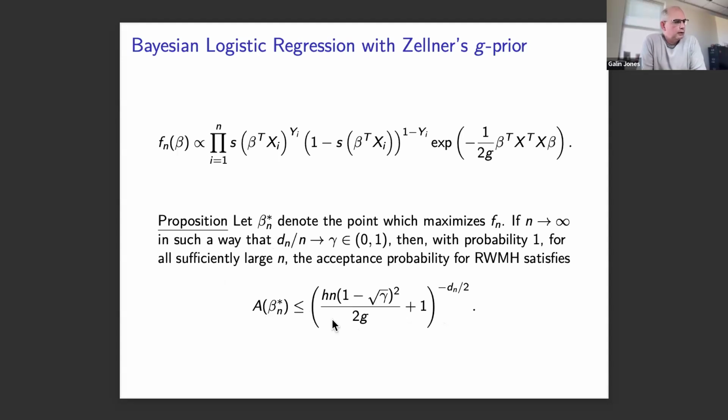Now, it's pretty clear there's a complicated relationship between n and d, and it also involves the prior parameter g that you picked as the hyperparameter. But if you choose h poorly again to be large, not to depend upon n and d, this acceptance probability will go to 0 really quickly.